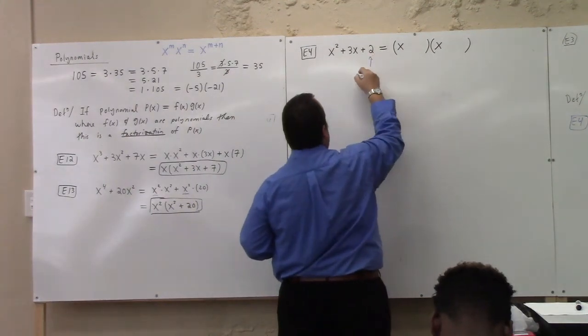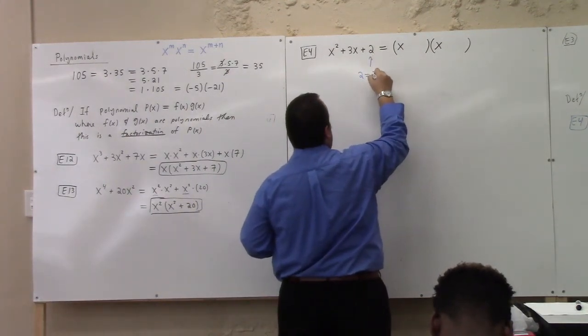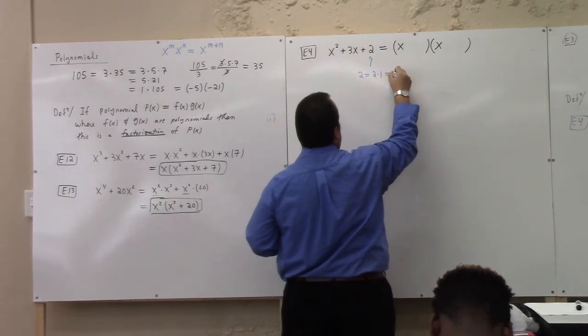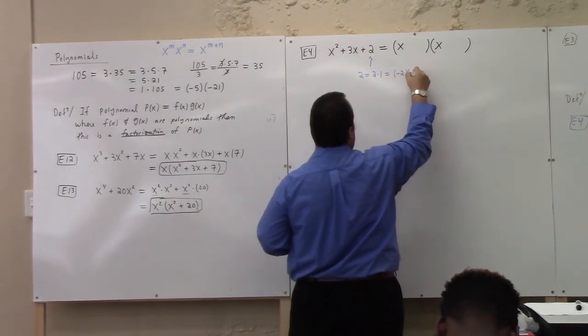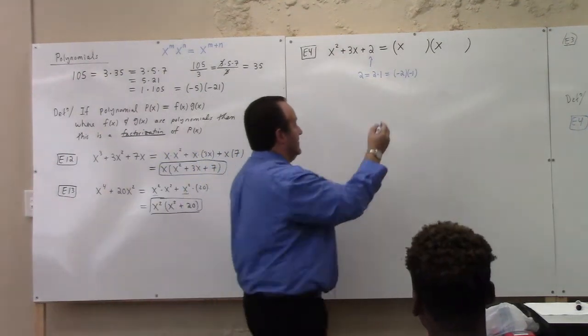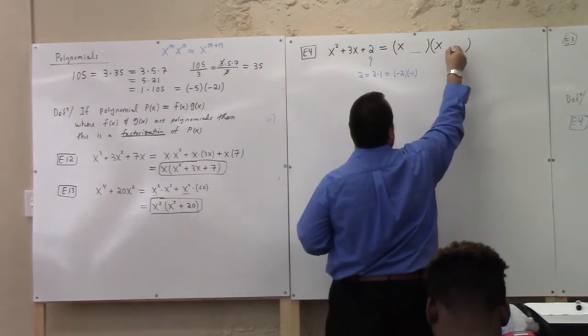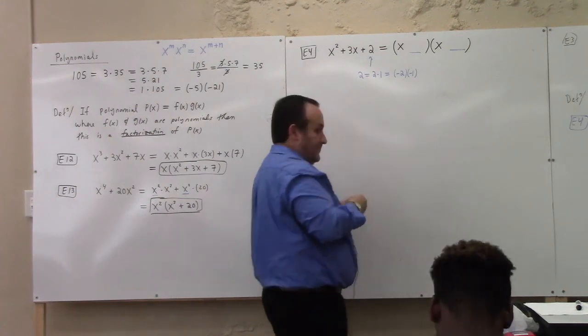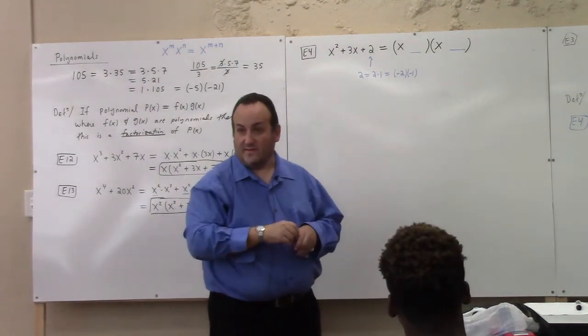Well, 2 is 2 times 1. It's also equal to minus 2 times minus 1. So we need to fill in the blanks here and here. Let me do something that doesn't work.